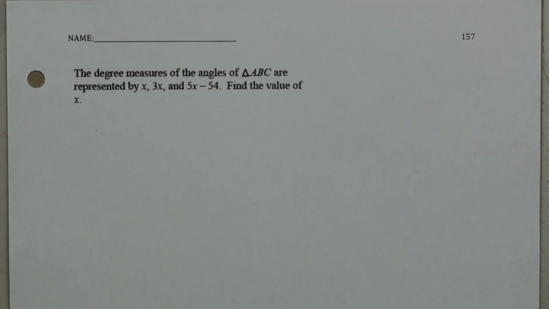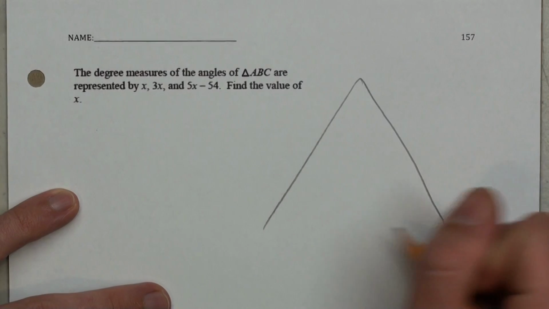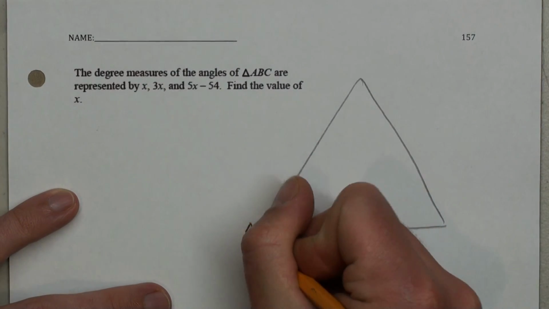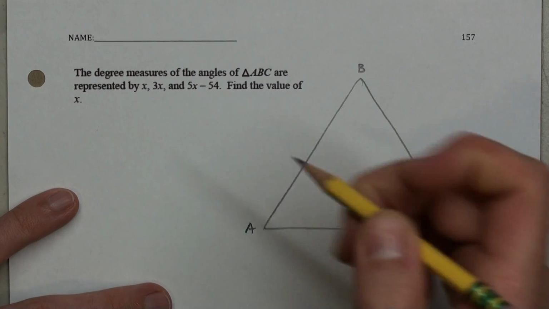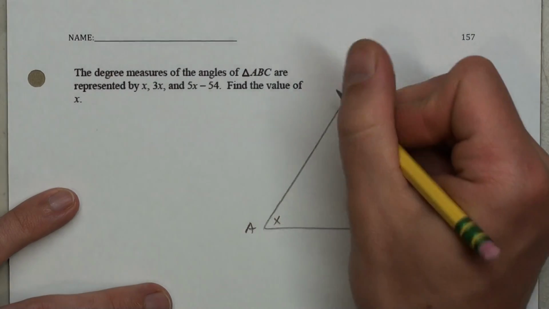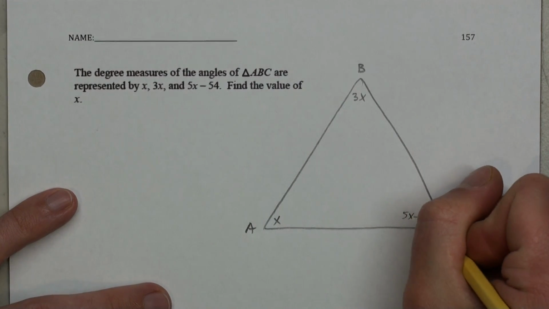We're going to do 2 more problems in this video. The degree measures of the angles of ABC are represented by x, 3x, and 5x minus 54.